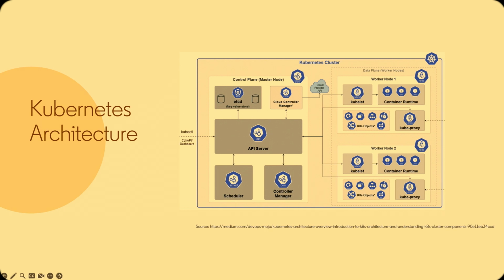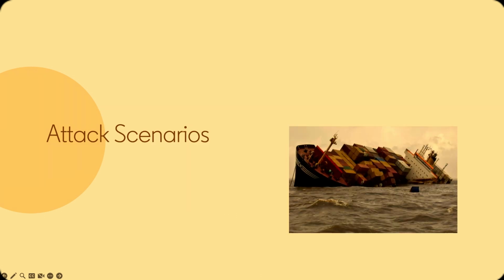So nodes can be bare metal or virtual machine, and it basically stages the container, right? As in the container runtime, the kubelet, kube proxy. And pods are the smallest unit of compute in the Kubernetes world. And I would be using pods and containers interchangeably throughout this presentation.